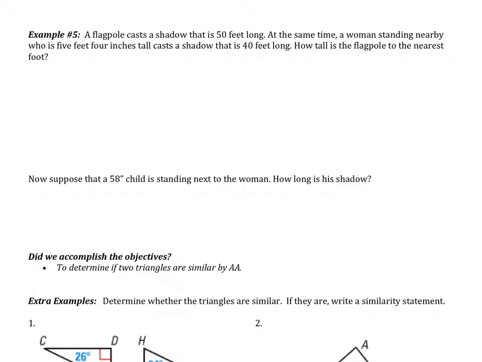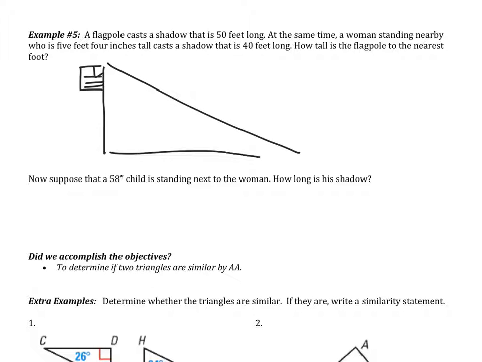All right, so now we're going to use our idea of AA, and take what we learned earlier in the chapter, so that'll take a little bit of review, and use it in order to find a missing value. Okay, so it talks about a flagpole that casts a shadow 50 feet long. So I'm going to draw my flagpole. Okay, and it casts a shadow 50 feet long.